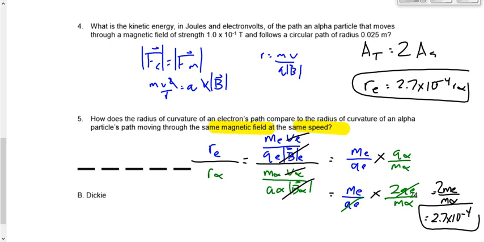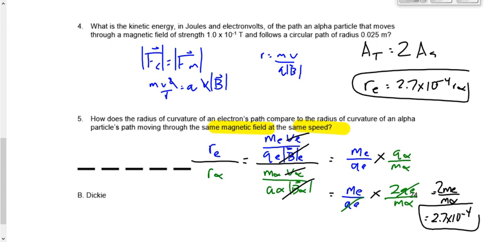I'm not twice as heavy as you are. The age, right? 36-ish, 18, okay, means the ratio is 2 to 1. Or to compare them, we'd say I'm twice as old as you. Or we'd say to compare the radius of the electron's path to the radius of the alpha particle's path, well, it's 2.7 times 10 to the negative 4 times the radius of the alpha particle's path.